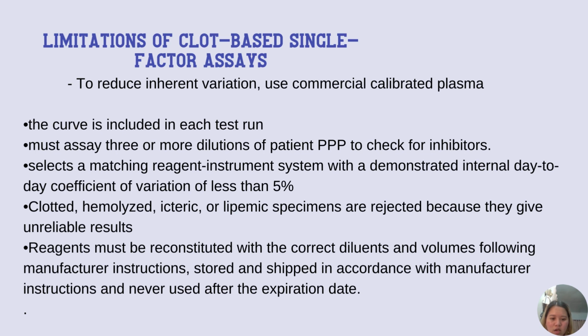Clotted, hemolyzed, icteric, or lipemic specimens are rejected because they give unreliable results. Reagents must be constituted with the correct diluents and volumes following manufacturer's instructions, stored and shipped in accordance with manufacturer instructions, and never used after the expiration date.